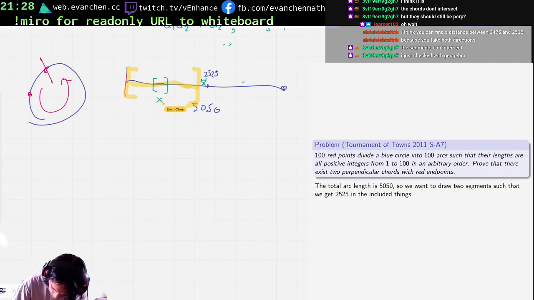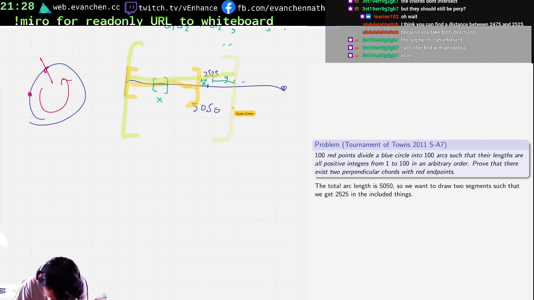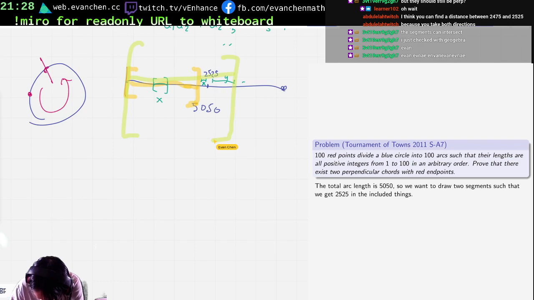Similarly, there's another step you can do. If you look at a thing that's within 100 of the starting thing, there's a segment y, and you can assume x, y greater than 0.